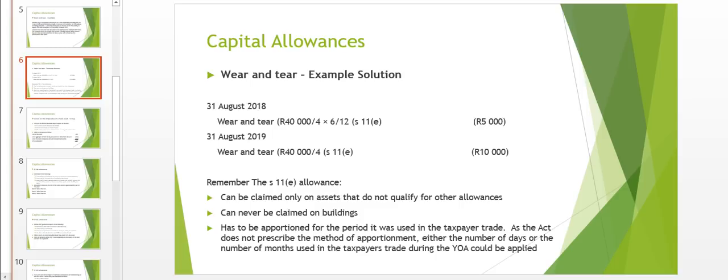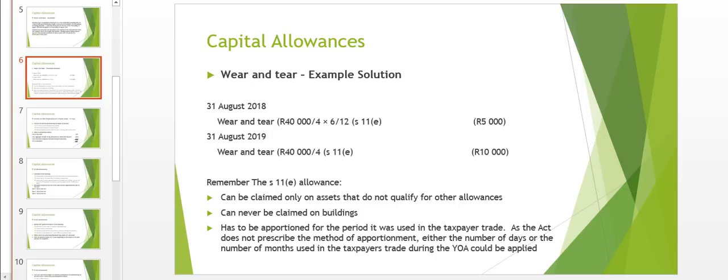You just need to take into account what they give you as the write-off period, and you also need to portion it for the portion of the year in which you own this asset. So some things to remember in terms of the Section 11(e) allowance: this can be claimed only on assets that do not qualify for other allowances.